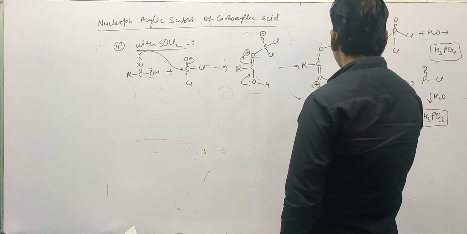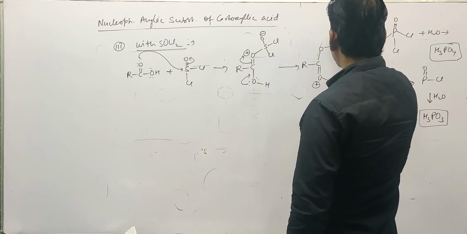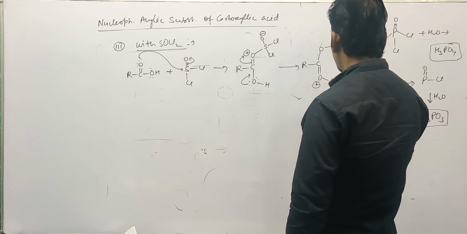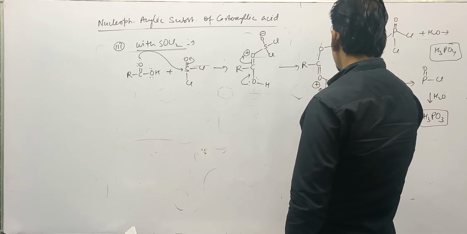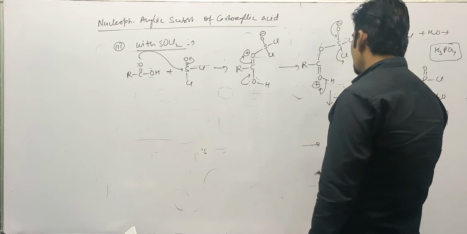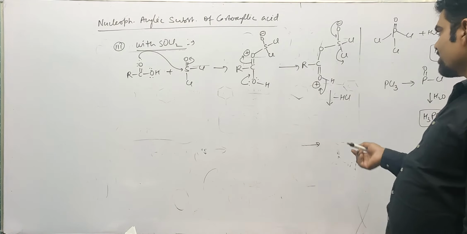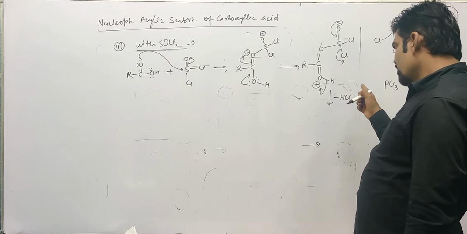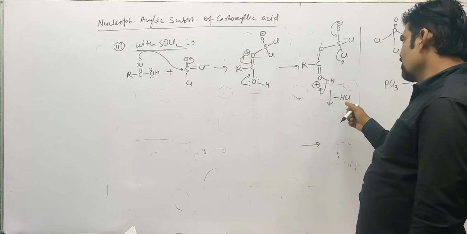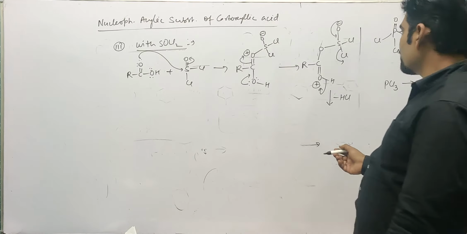Now this undergoes nucleophilic attack, so it neutralizes the charge, with removal of Cl minus. This bond will be transferred. This one will be transferred. From this, H plus will be eliminated. So there is elimination of HCl, and since HCl is eliminated, the presence of a base like pyridine will promote this reaction in the forward direction.